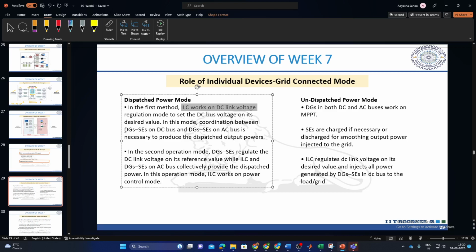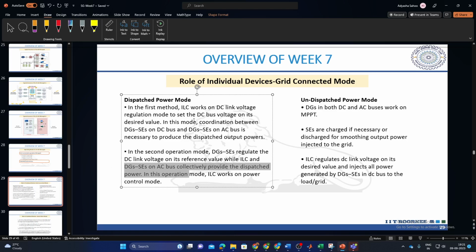So we'll see this in detail in the next slides. In the grid connected mode of operation, we saw we had dispatched mode and undispatched power mode. In the dispatch power mode, for the interlinking converter we have two types of configuration. The first one is where the interlinking converter sets the DC voltage, so it regulates the DC link voltage and works in DC link voltage regulation mode. The DGs and storage devices coordinate on the DC and AC bus to produce the required output power.